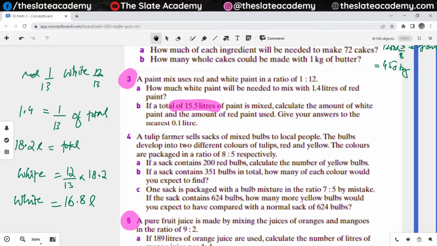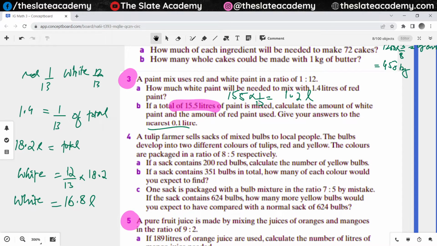So 15.5 into 1 out of 13. That is how much red you would have. 15.5 into 1 divided by 13. Red would be 1.19. We have to give our answer to the nearest 0.1 liter. So it would be 1.2 liters.